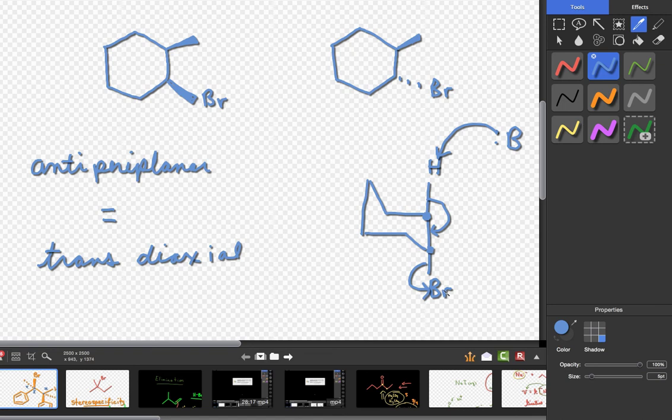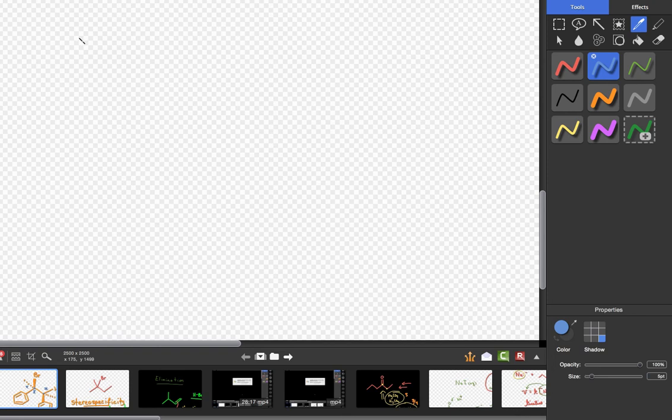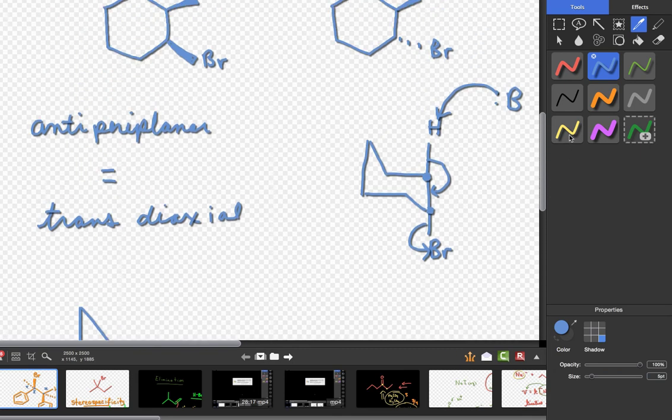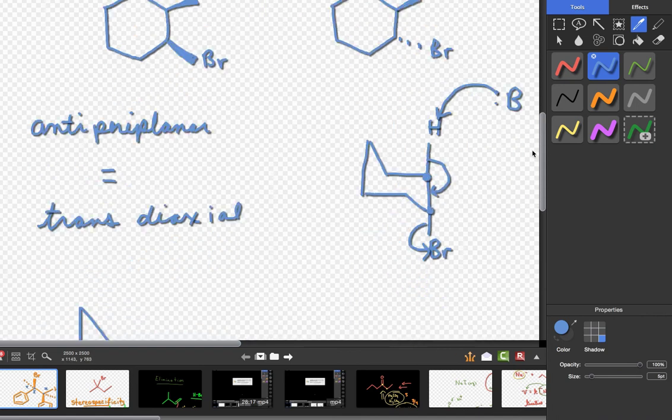So let's take a look at both of these molecules. And where I want to begin is to automatically put the bromine in the axial position because I know I'm going to need it there. Now, in the molecule on the left, I have a cis relationship between the methyl group and the bromine.